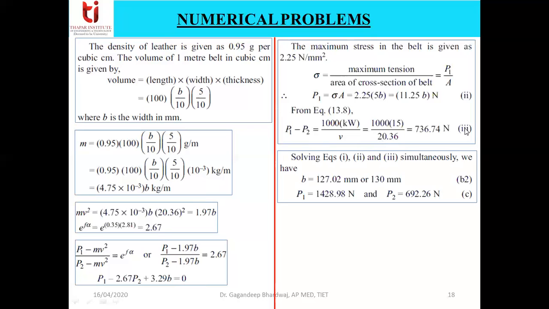By solving the three equations simultaneously, we will get the three unknown variables, that is B, P1 and P2. That is the width of the belt and the belt tensions, which we have calculated.